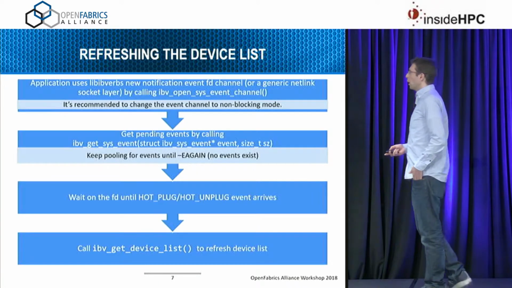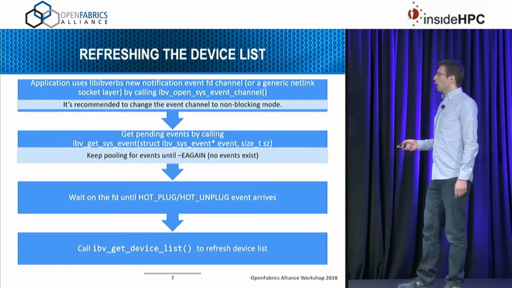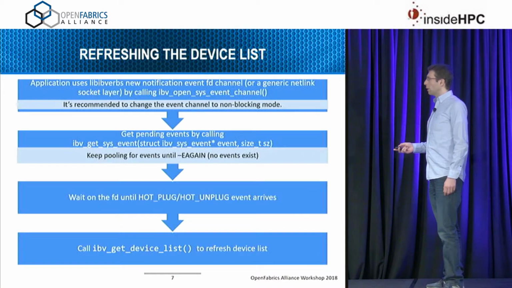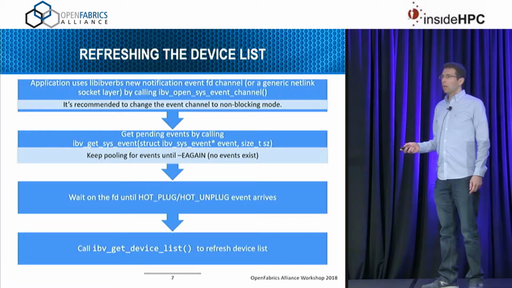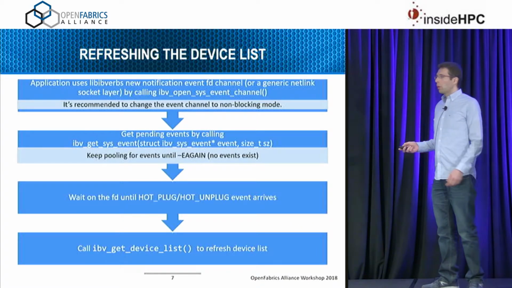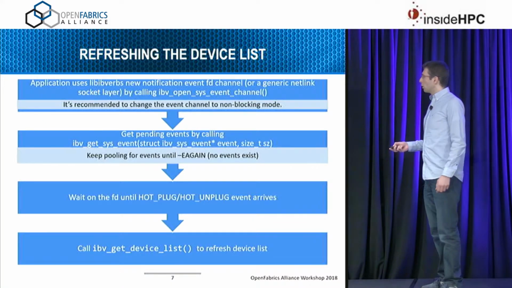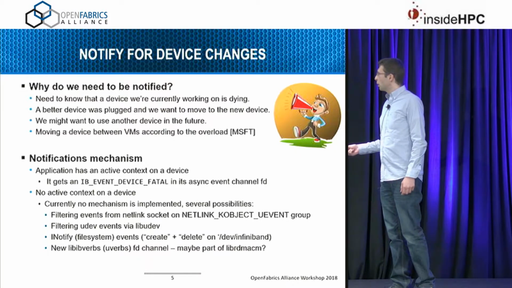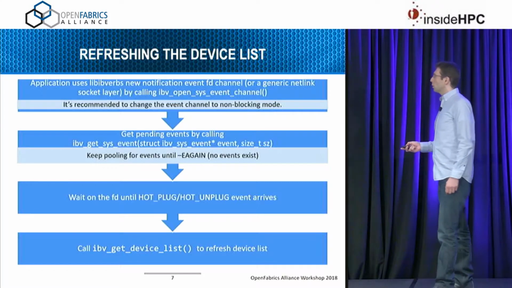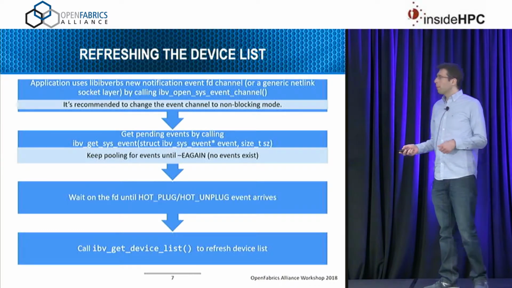So how should the app use this? First, you should get the event file. This could be either netlink or the UDEV or our file or the new file we've talked about here. So we don't really care what it is, but you get this file.